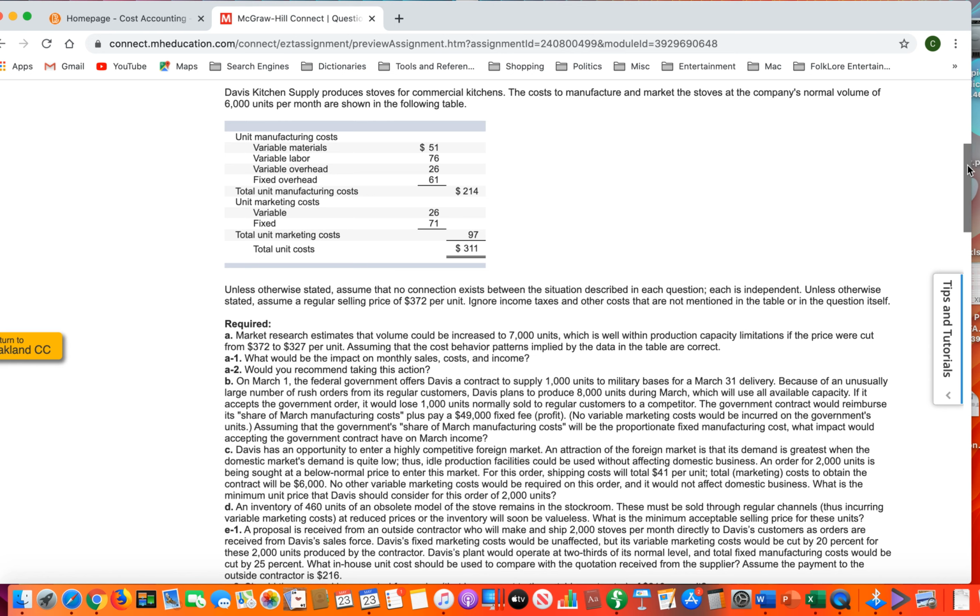If you take 71, I'll do some of it with you, 71 plus the 61 times 6,000 is 792,000. 792,000 is your fixed cost. Subtract that from the contribution margin, and you will get your operating income. You guys with me? I walked you through it. Now, that's what it is at 6,000 units at these numbers here. Okay?